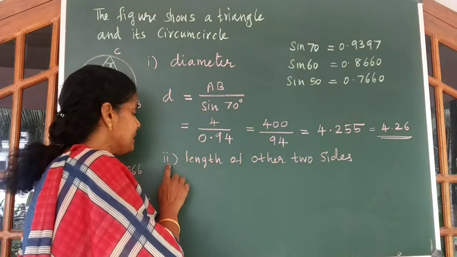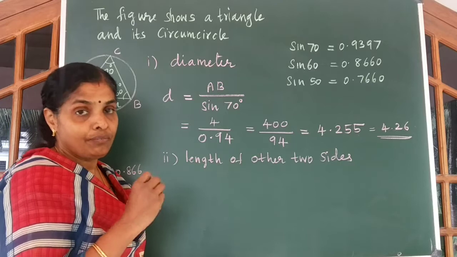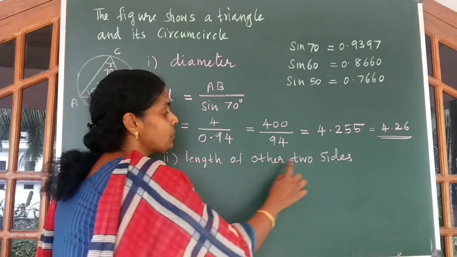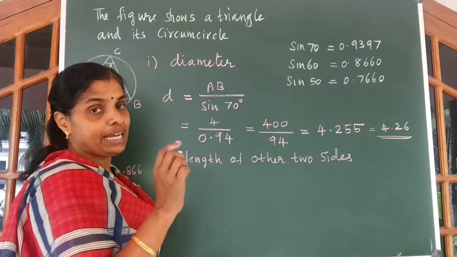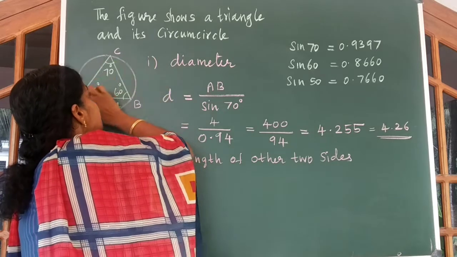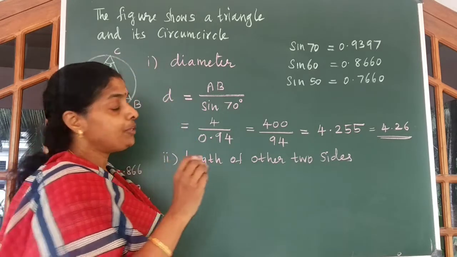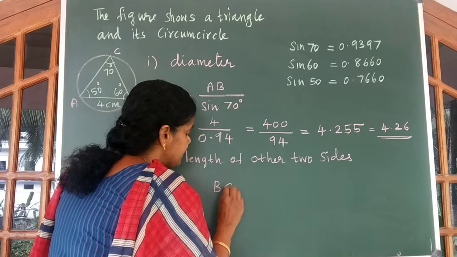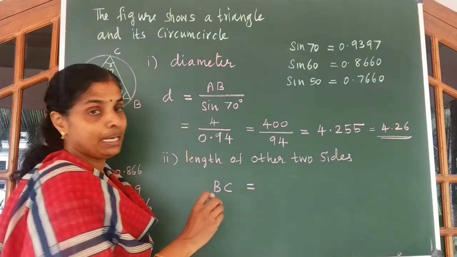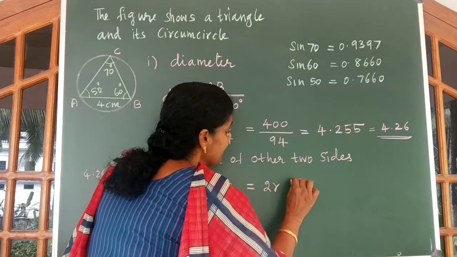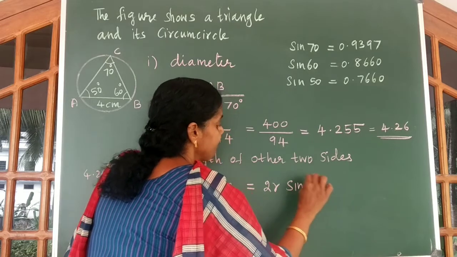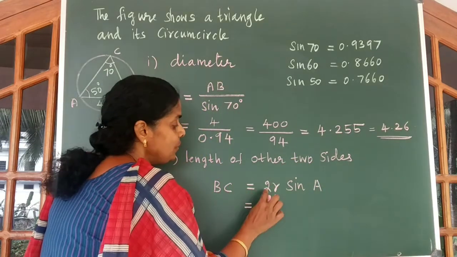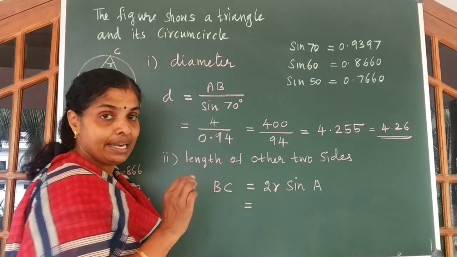Look at the second part of the question. We are asked to find the length of the other two sides. The other two sides are BC and AC. Now to get the length of BC, we use the formula 2R sine A. 2R is nothing but the diameter.